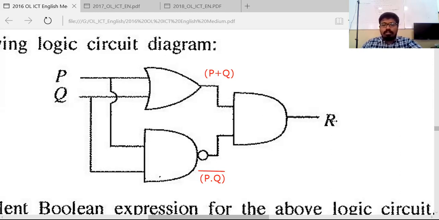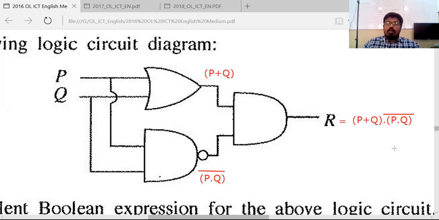So R equals (P plus Q) within bracket, (P dot Q) holding bar. Between the P plus Q and P dot Q holding bar, there's no compulsory dot. When you put dot, that is fine.